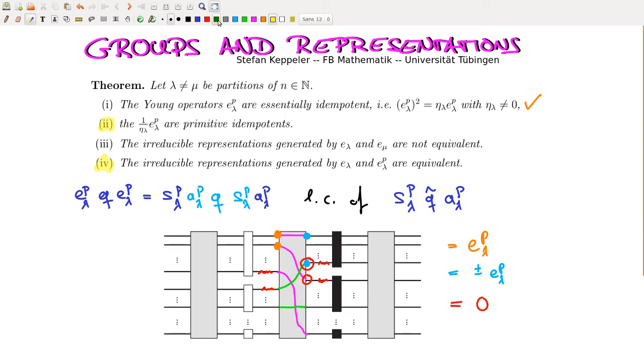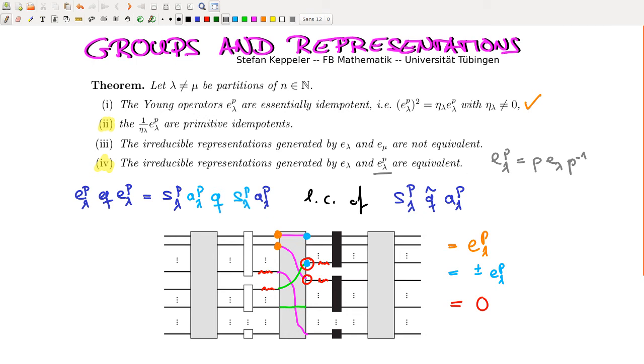Well, in order to show this, recall that the E_λP here is just E_λ conjugated with P. So that's P E_λ P inverse.